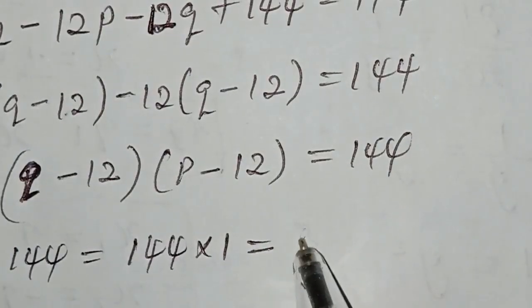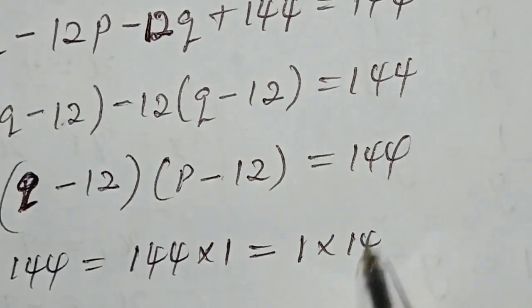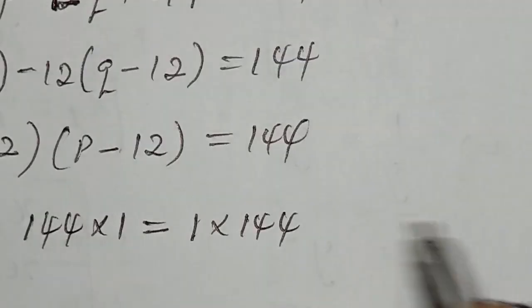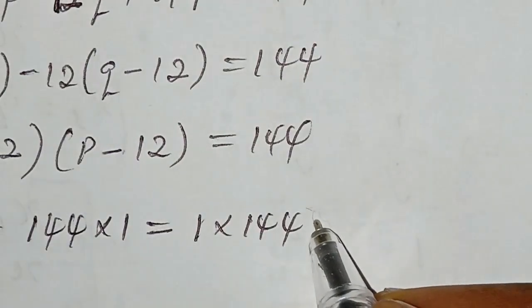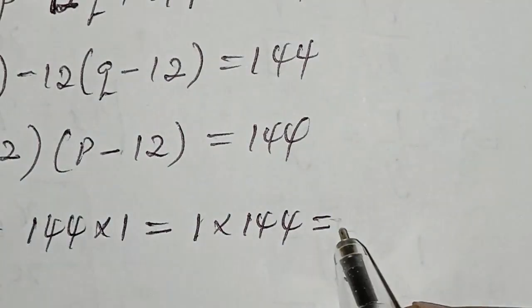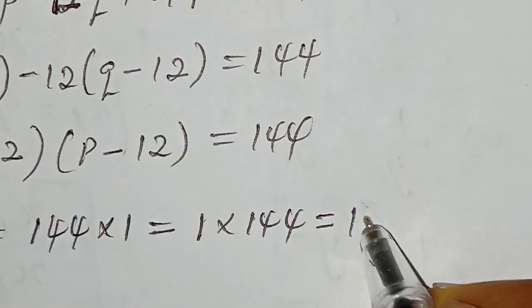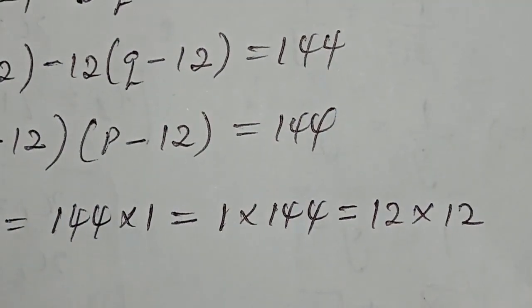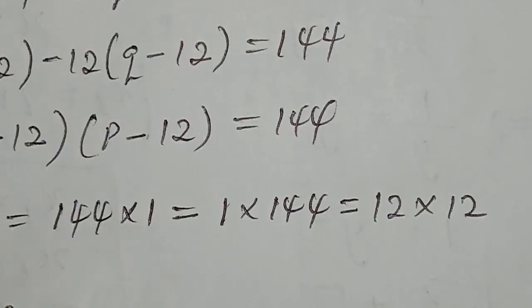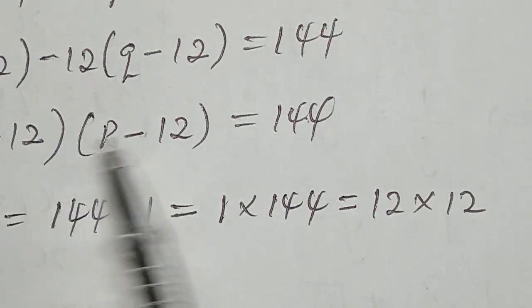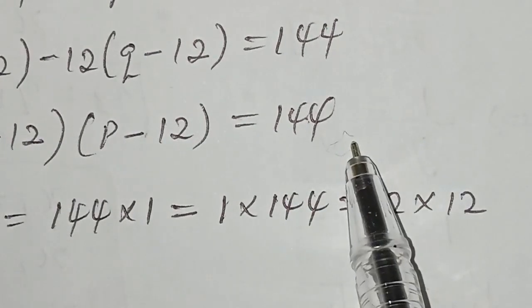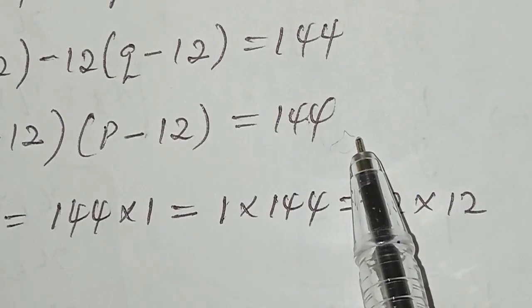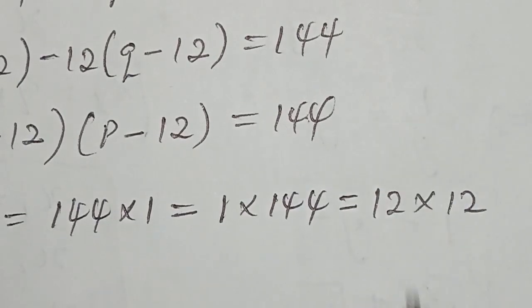Likewise, 1 multiplied by 144. Then 12 multiplied by 12 will as well give us 144. And we equate the expression at the left hand side with the equivalent at the right hand side.